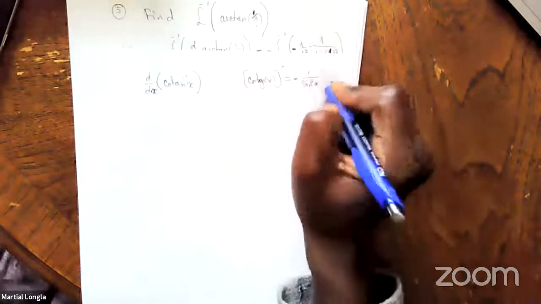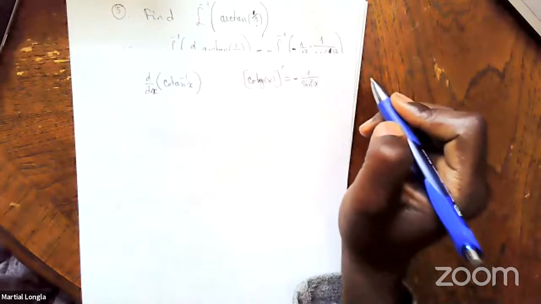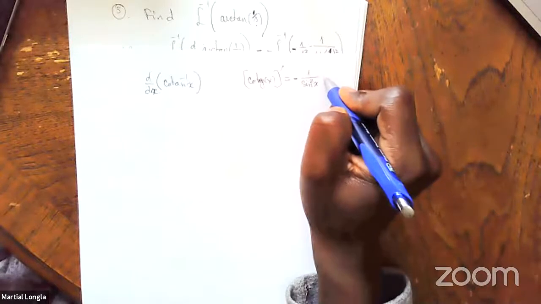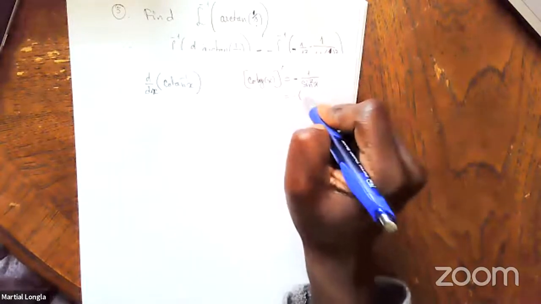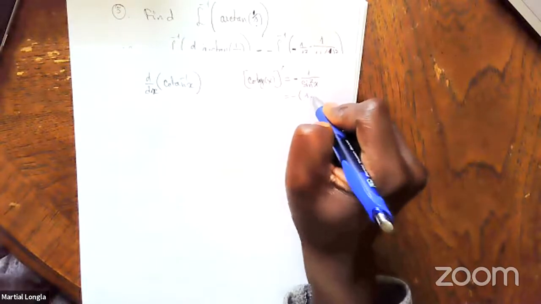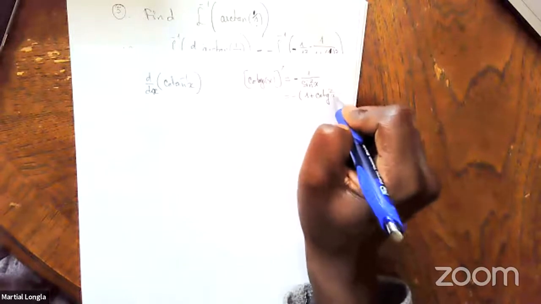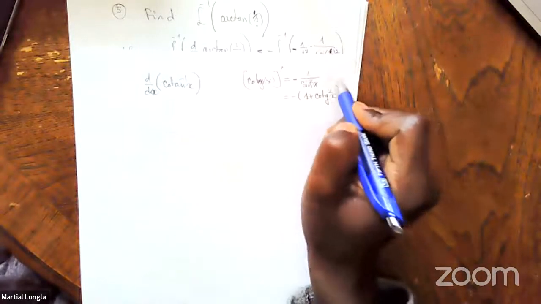Which is technically negative 1 plus cotangent squared of x, because 1 plus cotangent squared of x is equal to this 1 over sine squared, right? Everybody agrees with that?